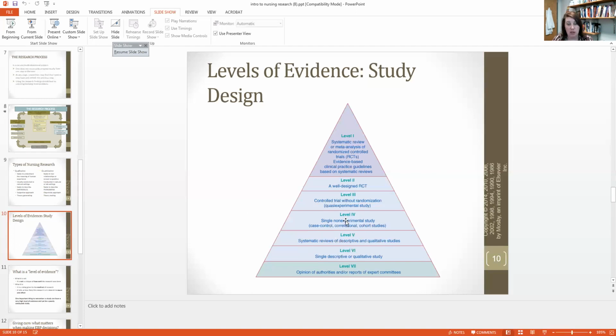And then levels 1 through 4 are all in the quantitative realm of things. We will go into these in more depth in weeks 2 and 3. But again, it's just good to differentiate that the top of the pyramid deals more with quantitative studies, and the bottom of the pyramid tends to deal more with qualitative studies.